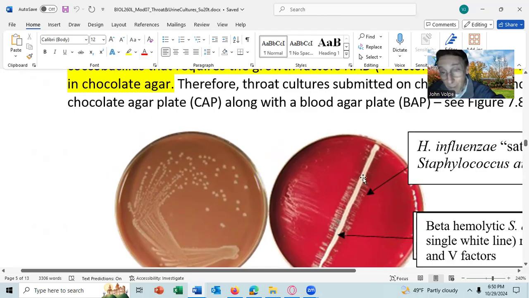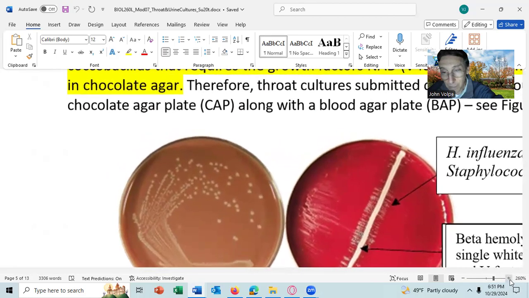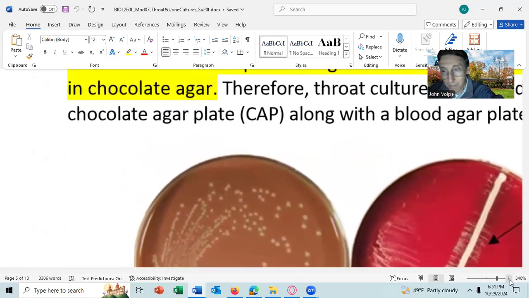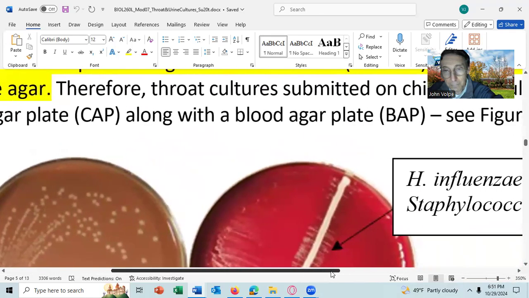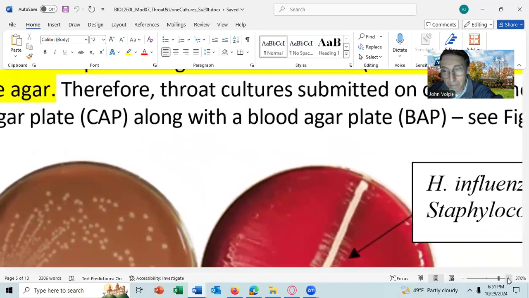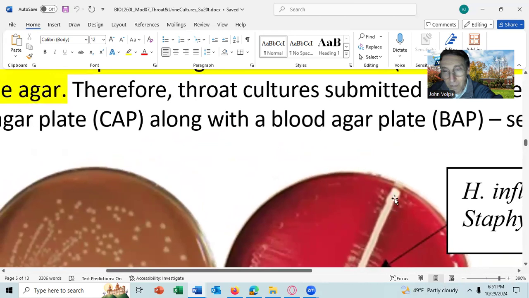unless Staphylococcus aureus is nearby, because Staphylococcus aureus can lyse the blood cells, which if I blow this way up, you might be able to see it. You can barely see it now. There, that central streak is the streak of Staphylococcus aureus, and the white region around it is the complete hemolysis of the red blood cells.